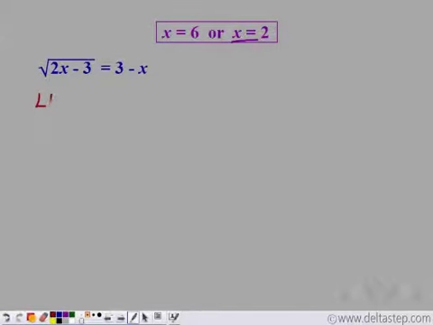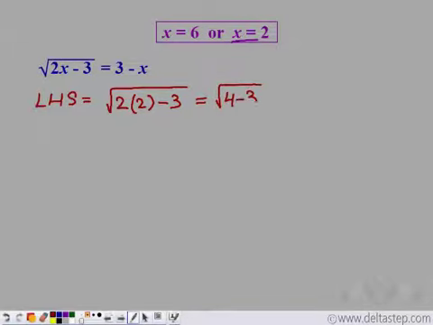So left hand side is equal to root over 2, in place of x, we substitute 2. 2 into 2 minus 3, which is equal to root over 4 minus 3, which is equal to root 1, that is 1.